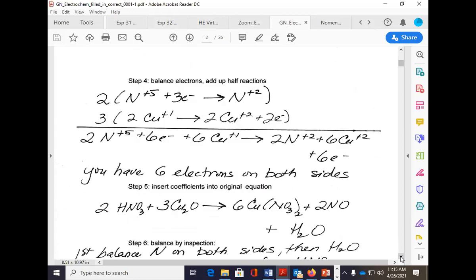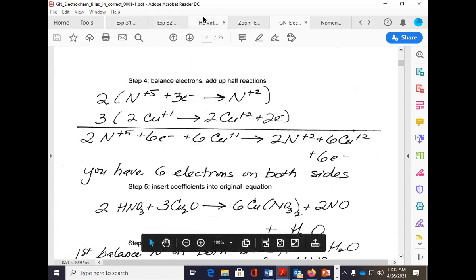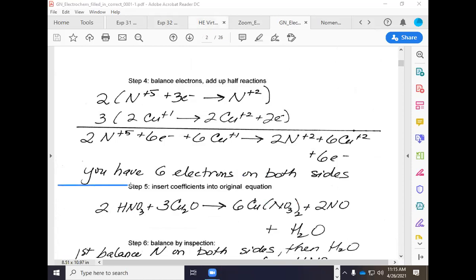Okay, there's a step 4. Just focus on step 4. We have to have 6 electrons on both sides.